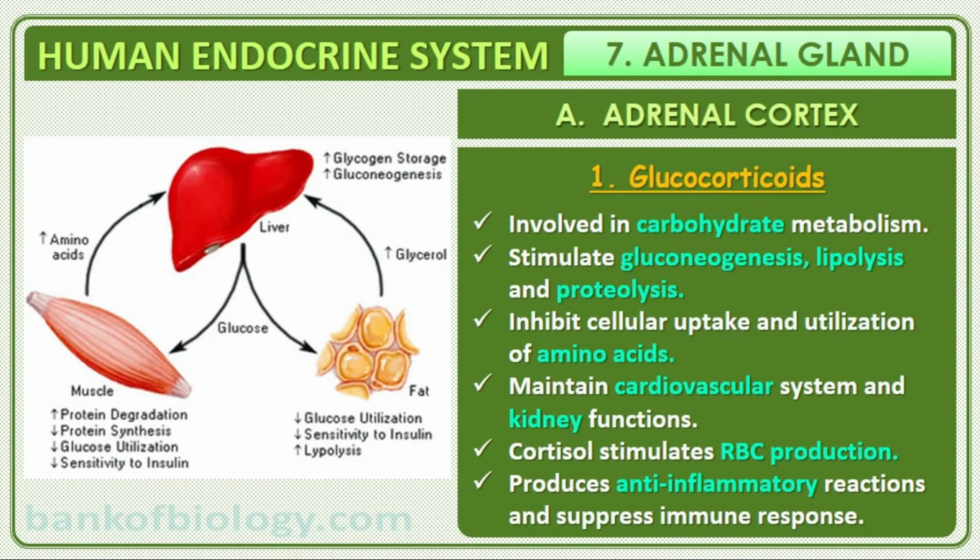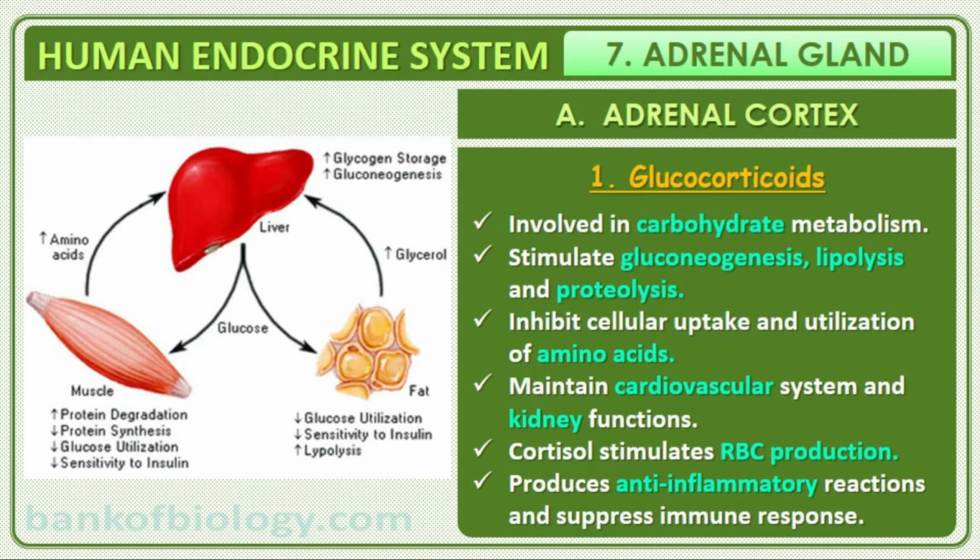It inhibits cellular uptake and utilization of amino acids. It maintains cardiovascular system and kidney functions. Now we are studying the functions of glucocorticoids. What are the secretions of the adrenal cortex? It is involved in carbohydrate metabolism and stimulates gluconeogenesis, lipolysis and proteolysis.